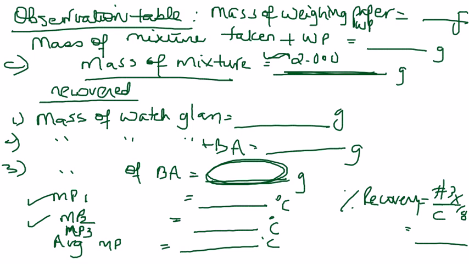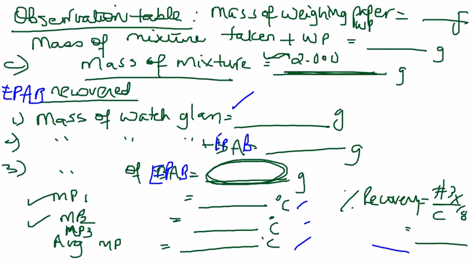So there will be one that will look like, let's change the color, maybe the EPAB recovered. Again, you will have a watch glass, and after acidification, you will get the melting point, get the average, get the percentage recovery for that as well.